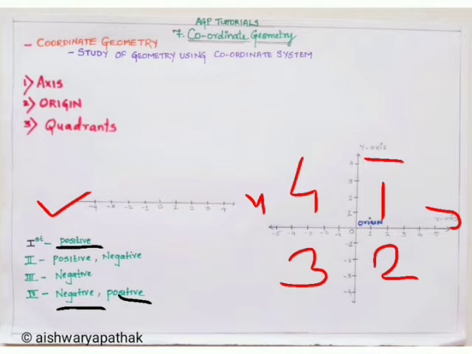So let us revise once again. In the first quadrant, the x coordinate and y coordinate both are positive. Then in the second quadrant, the x coordinate is negative and the y coordinate is positive. In the third quadrant both the coordinates are negative, and in the fourth quadrant the x coordinate is positive and the y coordinate is negative.